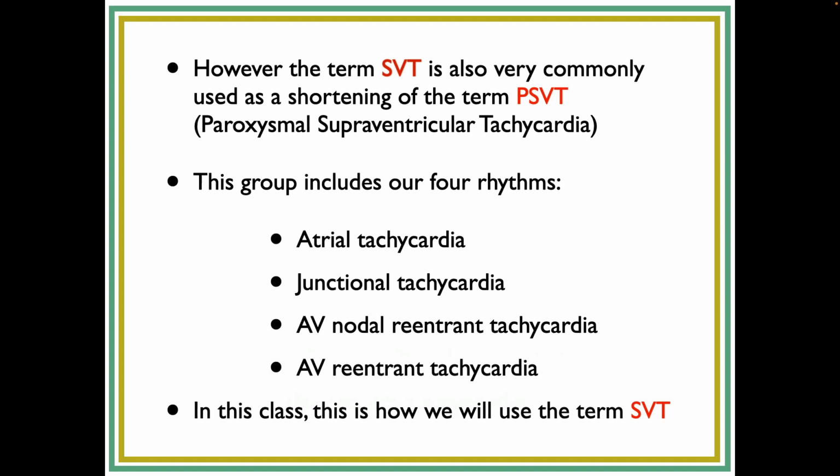Like we really cannot tell AV-NRT from AVRT from junctional tach from atrial tach. Junctional tach, if it's slow enough, if we can see inverted P's, then we're home free on that. But that's usually at about 120, 130. These just fall under the umbrella of PSVT? Yes, yes. Afaf, you had a question. Why don't we just call them PSVTs then? We're lazy. I mean, really, I don't know the answer on that.